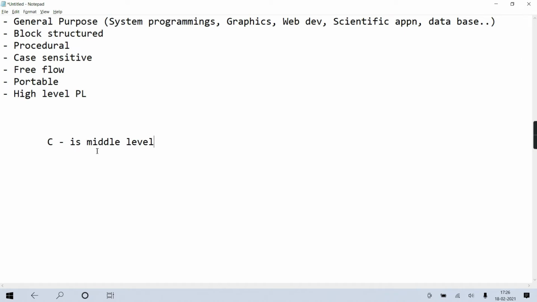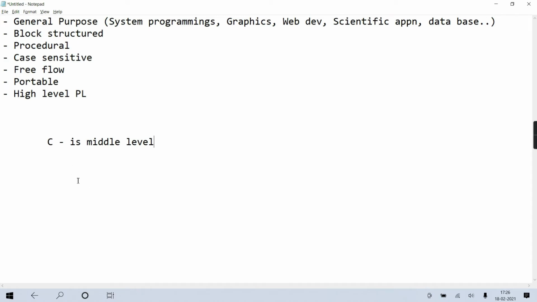You understand? Meaning you can control different hardware. You can control your keyboard, your mouse, your serial port. Correct? You can access your memory also, and you can do any damage in it also. That's the reason many viruses are written using the C language. Even antiviruses are also written using C. So C gives low level access also.